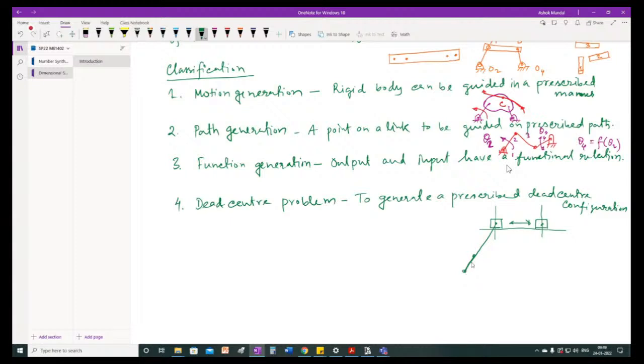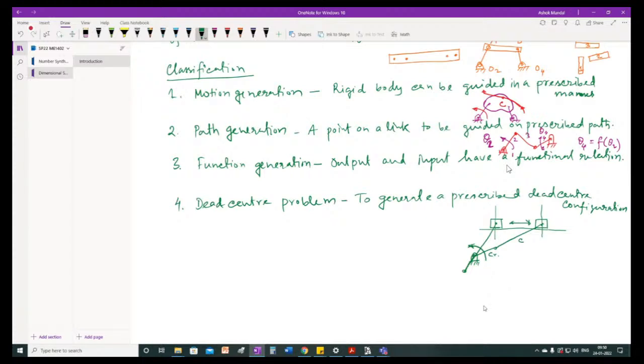This is the hinge point, and at some other point of time, the other dead center would be like this. So this is the crank position, this is the coupler, and this is the crank. It is maybe rotating in this direction, and these are the two dead centers we have shown here.